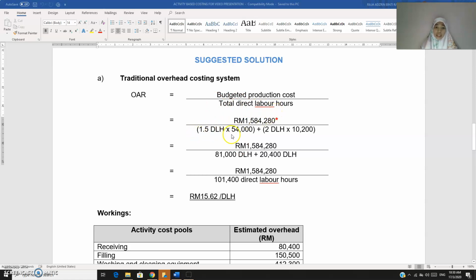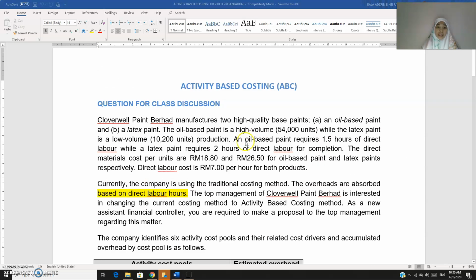Where do I get these figures? Your total direct labor hours, in the question, it is stated that an oil-base paint requires 1.5 hours of direct labor, while your latex paint requires 2 hours of direct labor.